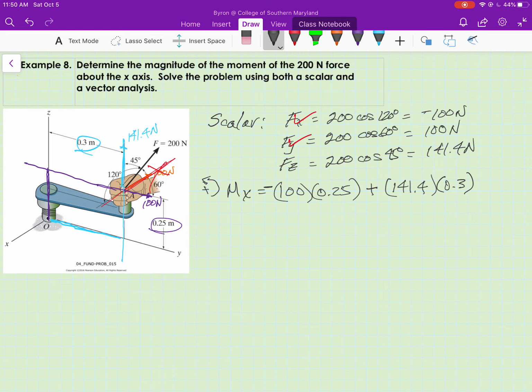So we do that math and we get M sub x to be 17.4 Newton meters, and that's positive, so that indicates that it's a counterclockwise moment about x.